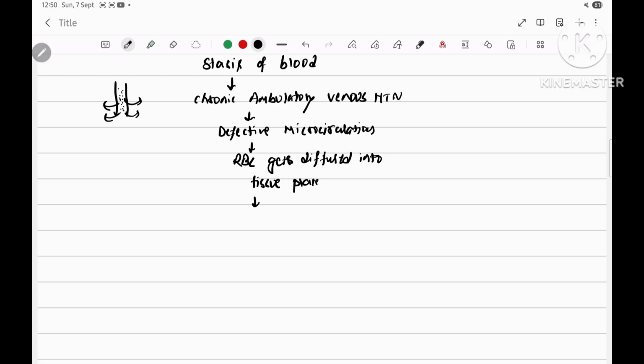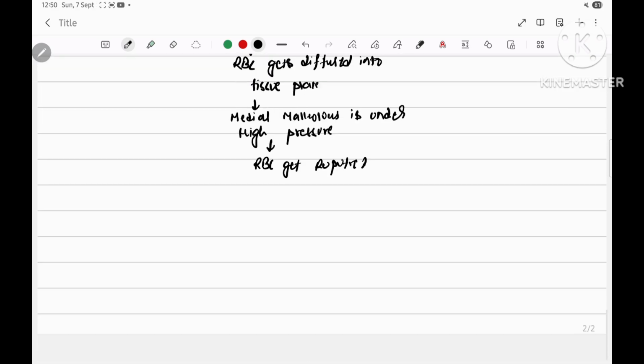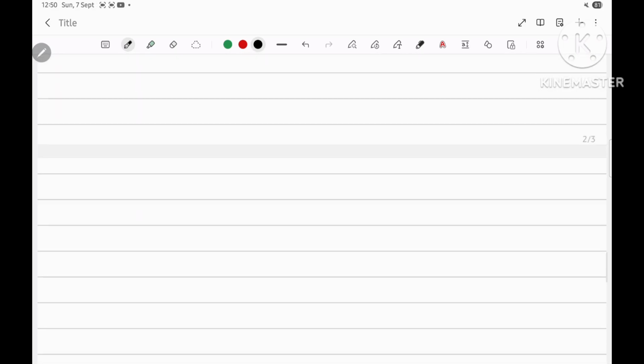So first write: medial malleolus is under high pressure, due to which the RBCs get ruptured. When the RBCs get ruptured, it forms pigments.